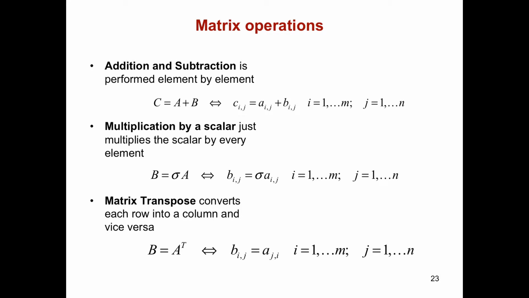And then matrix transpose simply flips rows to columns and columns to rows. So if I have a transpose B, element ij in matrix B, what was the ith row becomes the ith column. What was the jth column becomes the jth row. So element ij of B was Aji.